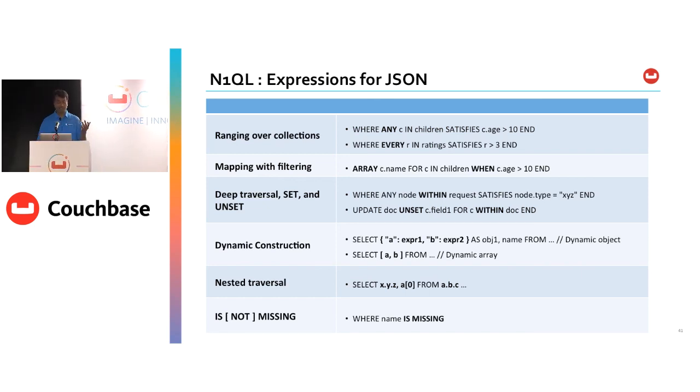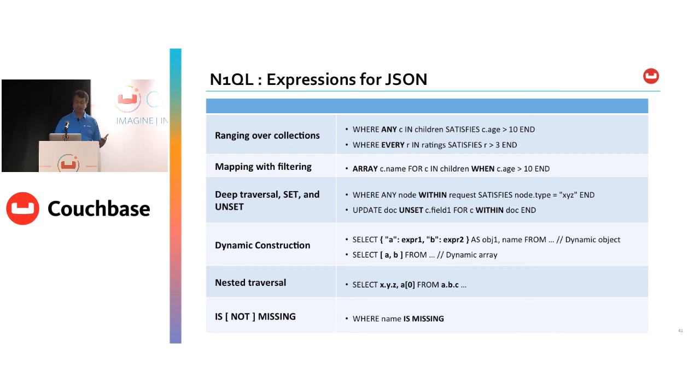For ranging over collections, the ANY expression will give you the predicate expression to find out if an array has a particular value. Same thing with EVERY: it evaluates the array to find out if every element within the array satisfies a particular predicate expression.